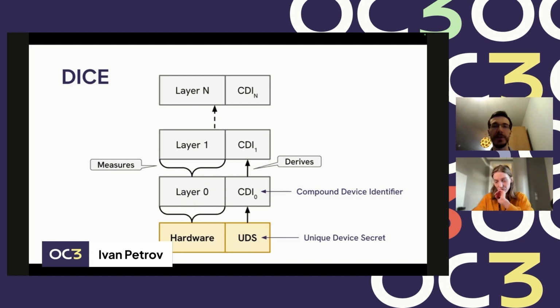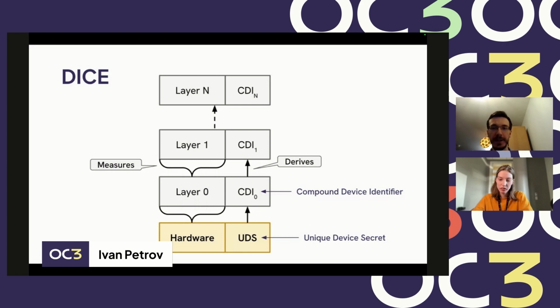In DICE, each layer, which in DICE terms is a name for a software component, can load and perform a measurement of the next layer. It can also issue a certificate that endorses this measurement, meaning that in the end, when all software components have been loaded into the memory, we will end up with a list of certificates that endorses measurements of the complete server workload.